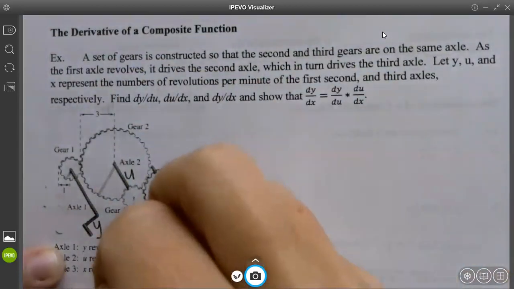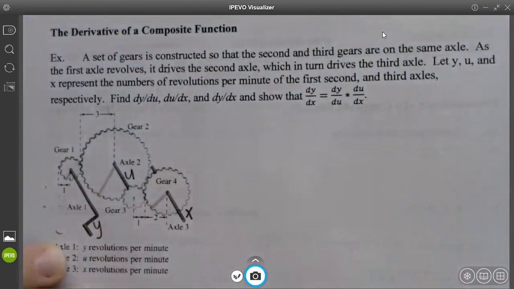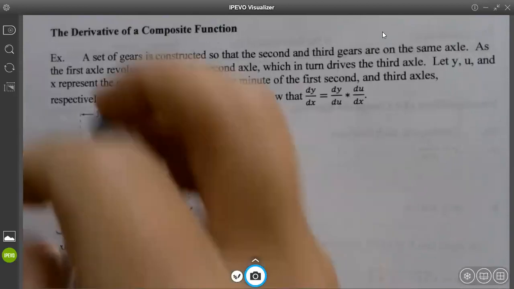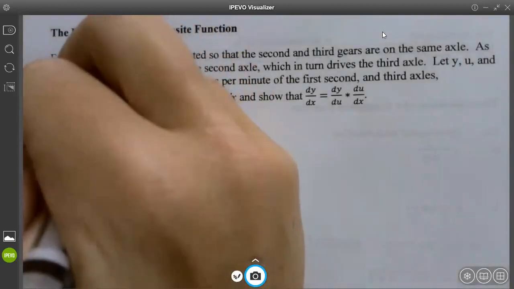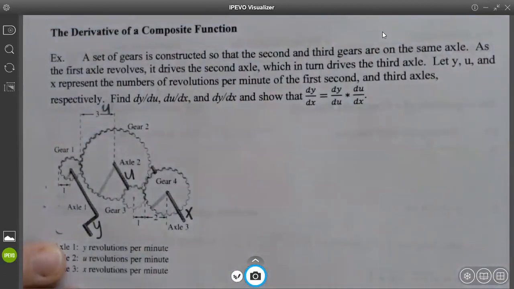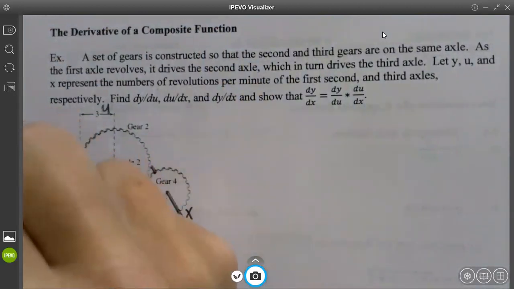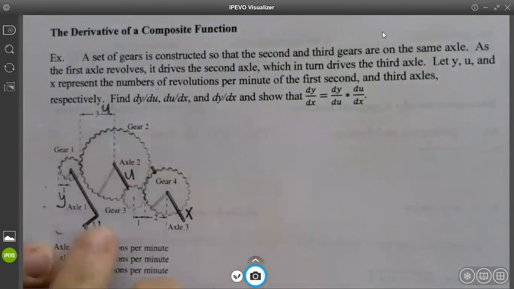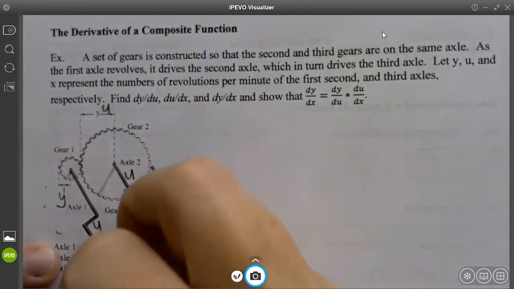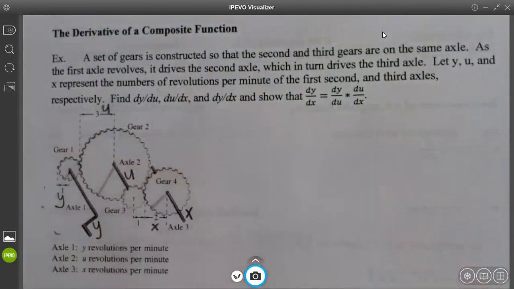And x is axle 3. So this 3 right here is going to deal with that u because the second axle or u turns it. This 1 is going to deal with y because the y axle turns it. And this 2 is going to deal with x because the x axle turns it.